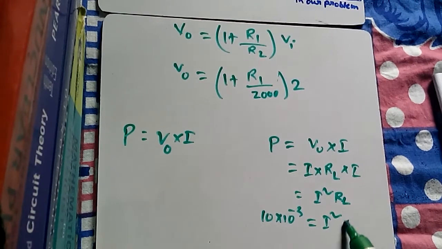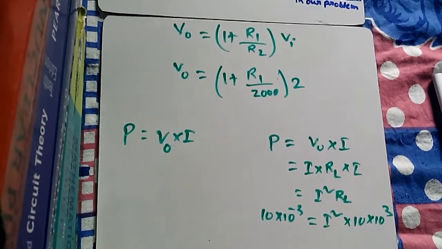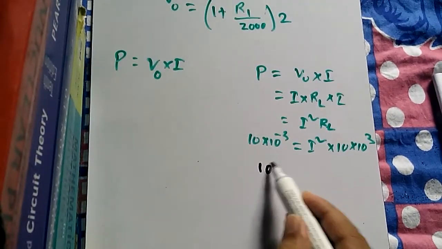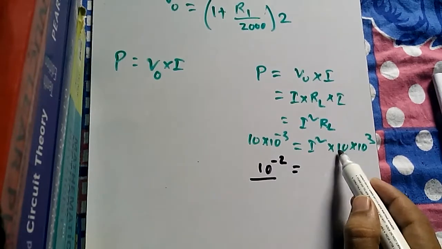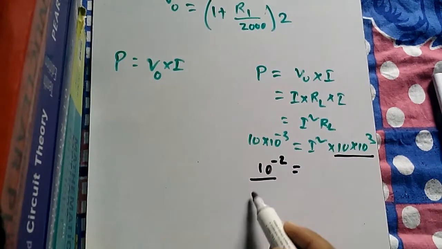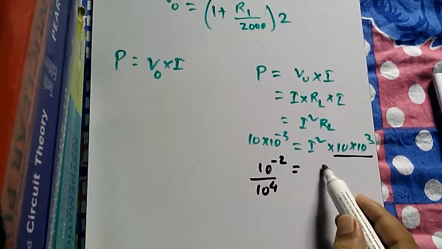So it is 10 into 10 to the power 3. It is 10 to the power minus 2 equal to I square by 10 to the power 4, and we take it downside.